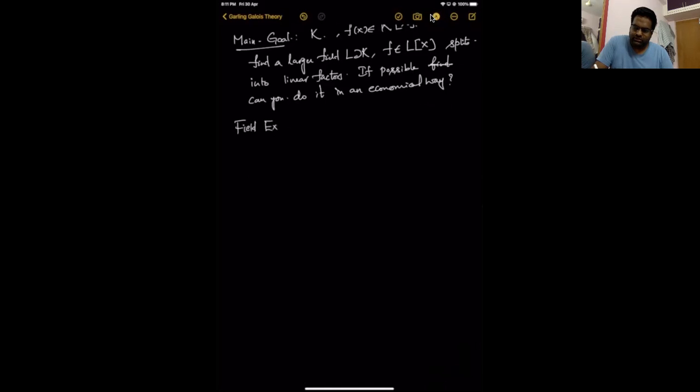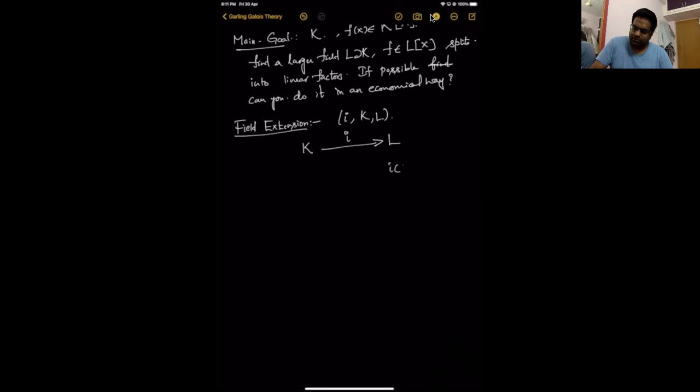With the following definition. So what is a field extension? Okay. So the definition is as follows. A field extension is a triple (i, K, L), where K sits inside L as a subfield.